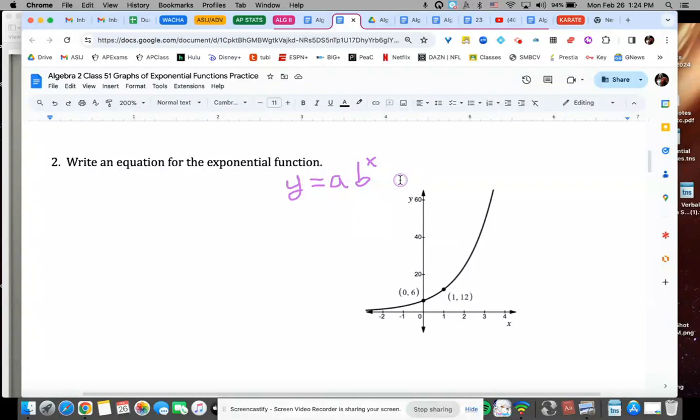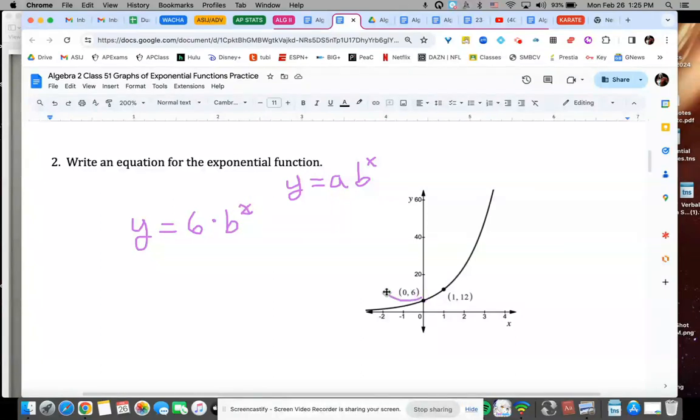Well, if the k value is 0, that means that a actually is my y-intercept. I don't have to worry about the extra shifting or anything because it's just 0. It didn't go anywhere. So it makes my job a little easier knowing that a actually is the starting amount of 6. There's another problem we're going to get to where it is not, and you'll see that towards the end.